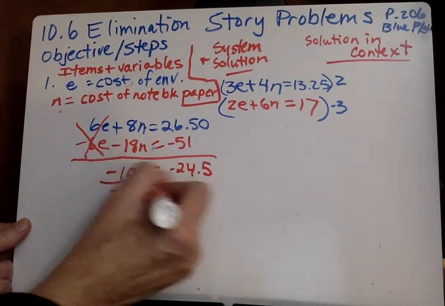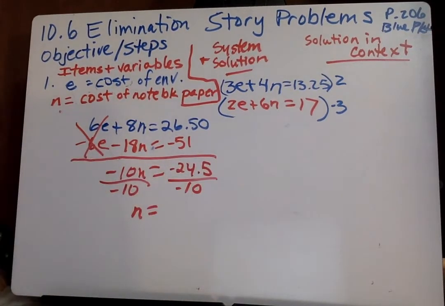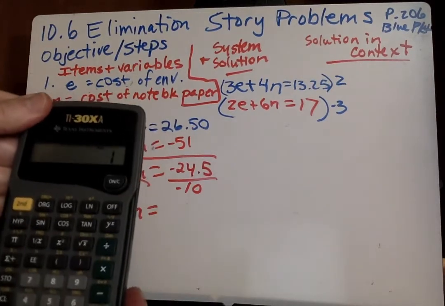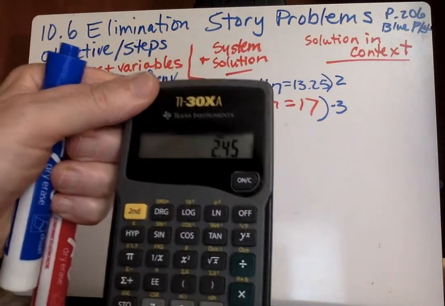Divide by negative 10. So I'm going to divide by 10, make that negative right there, 2.45.